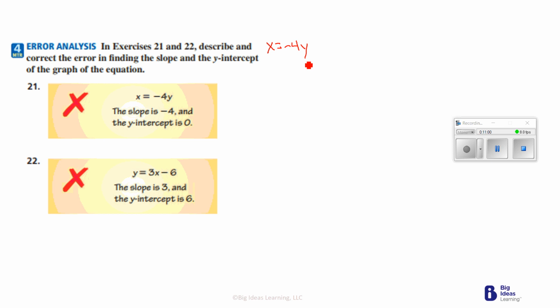So to do this, I'm going to divide negative 4 away. Whatever I do to one side, I do to the other. This will give me y by itself, which is negative 1/4 x.